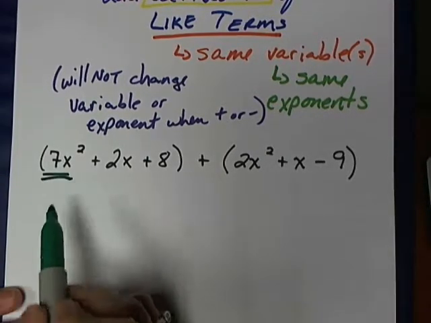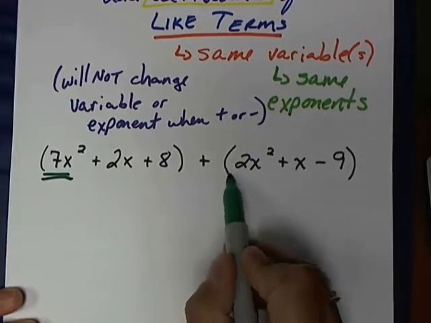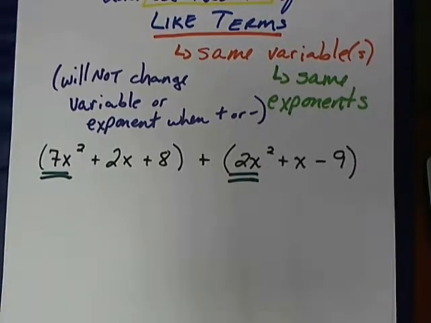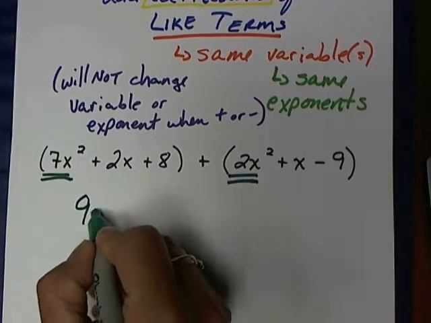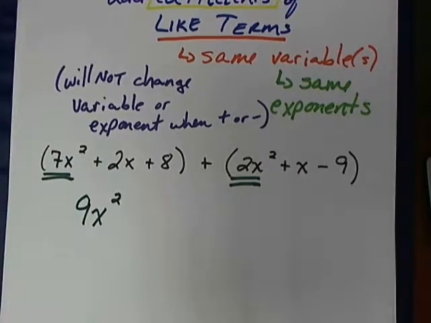I underline them two times for the x squared, and here's a two times underline for the x squared. Those are the two like terms that are x squared. I have 7x squared and I'm adding 2x squared. That gives me a total of 9x squared. Notice I did not change the variable or the exponent.